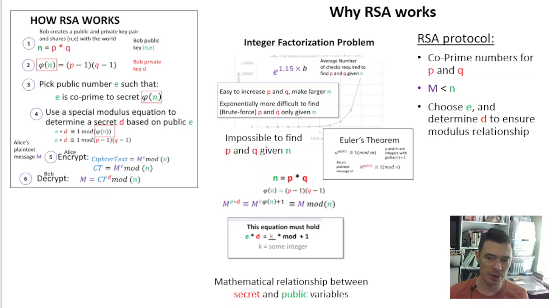You have secret variables and public variables tied together in these relationships. So anyone in the world at any time can send a cipher message to Bob, and the only way to decrypt that message is to have the secret number D that corresponds to the public key that was used.